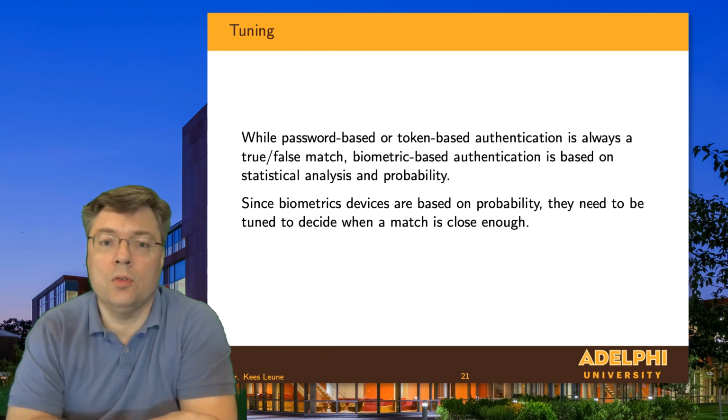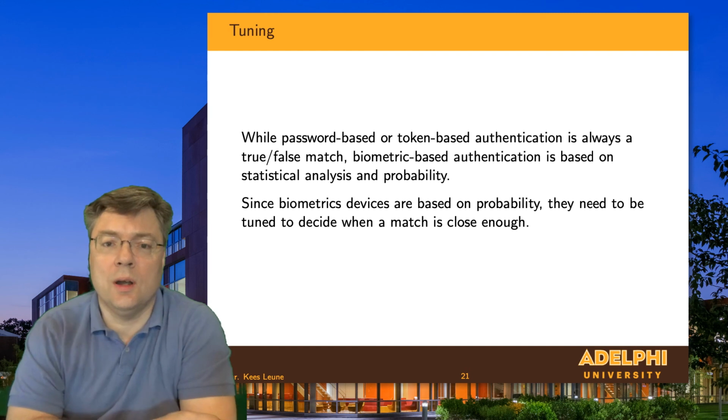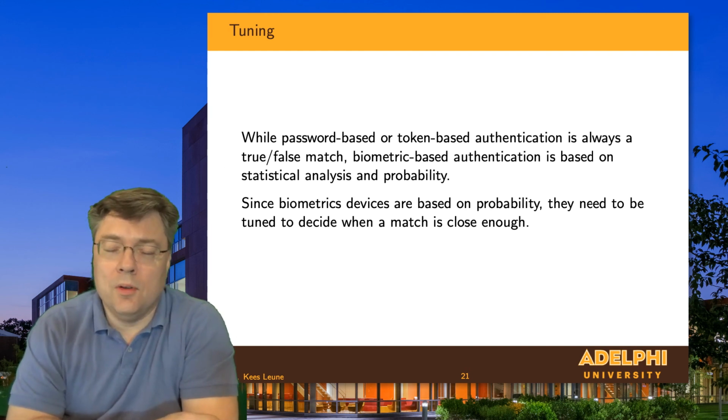I'm also going to now reject people who are indeed who they claim to be. And so to figure out where that tuning needs to sit, how picky I want to be, how certain I need to be that this user is indeed who they claim to be, is an extra step that you need to take with biometric systems that you don't have to take with the others. And that depends on the environment.